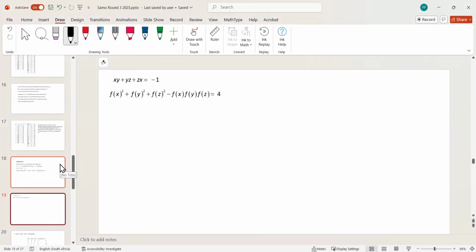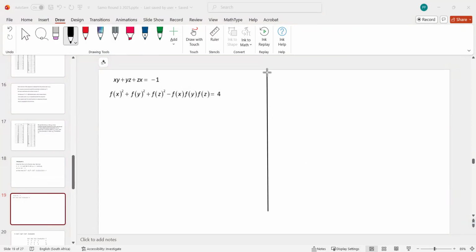So let's write down these things. I have to confess that it took me a very long time to unpack this problem. So listen very carefully.